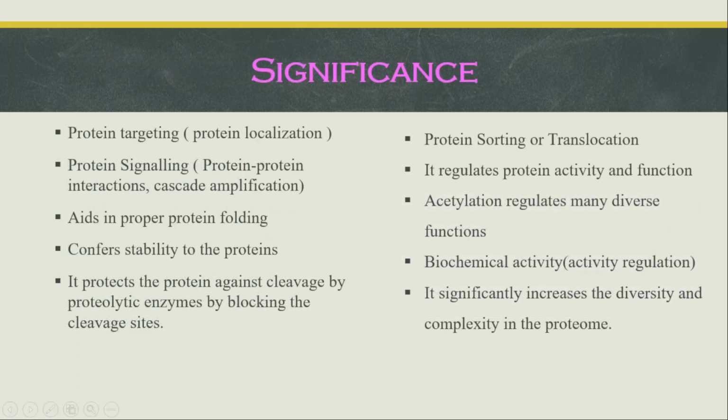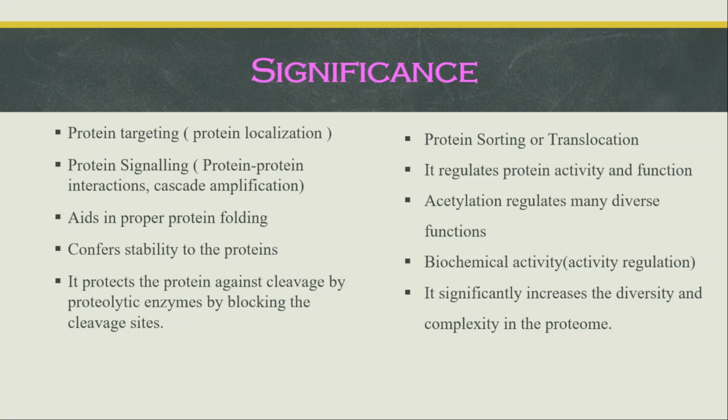The significance of post-translational modifications includes protein targeting, also called protein localization, and protein signaling, that is protein-protein interactions and cascade amplifications. It aids in proper protein folding. A lectin molecule called calnexin binds to glycosylated proteins and assists in their folding, conferring stability to the proteins.